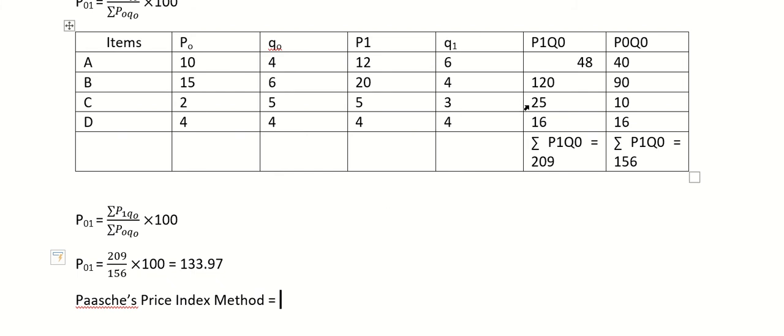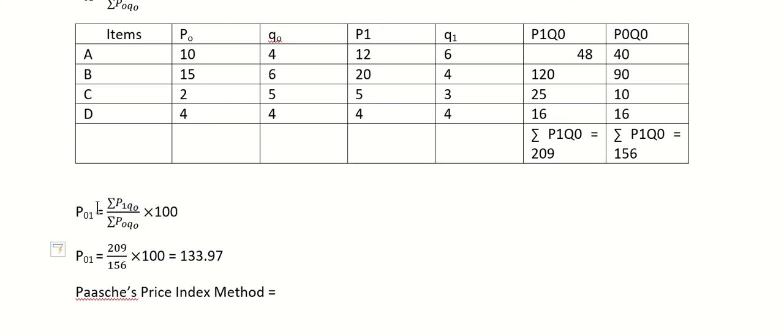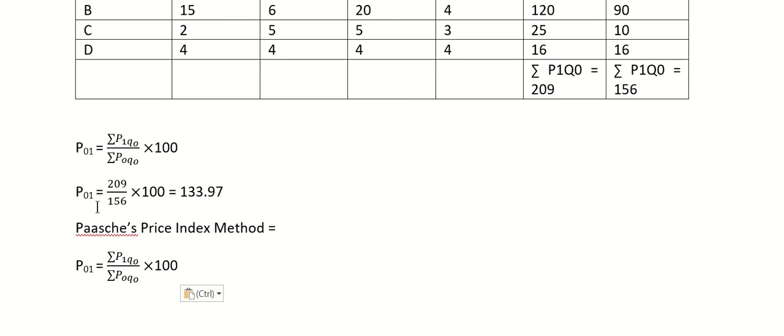The formula for purchase price index is P1 into Q1 divided by P naught Q1.